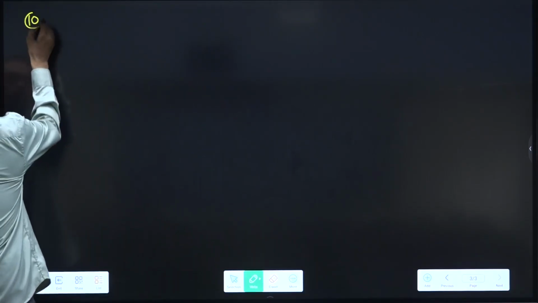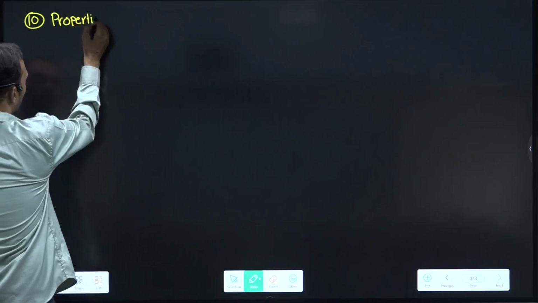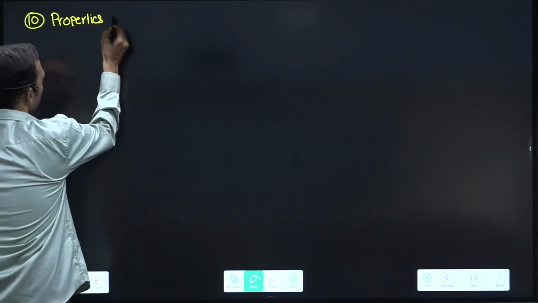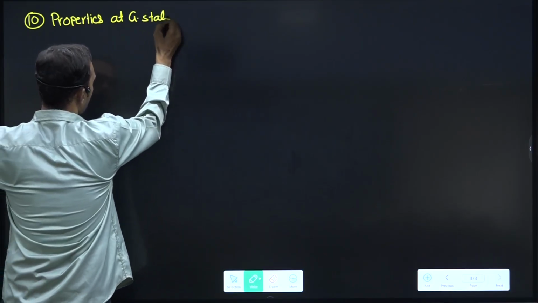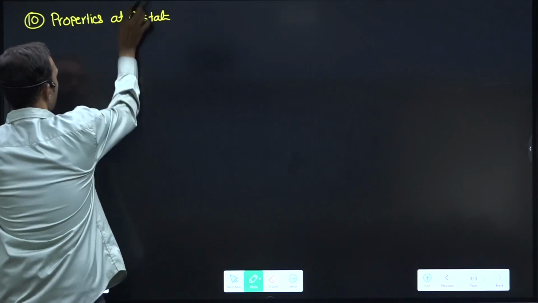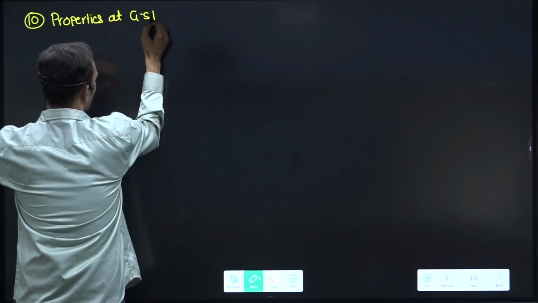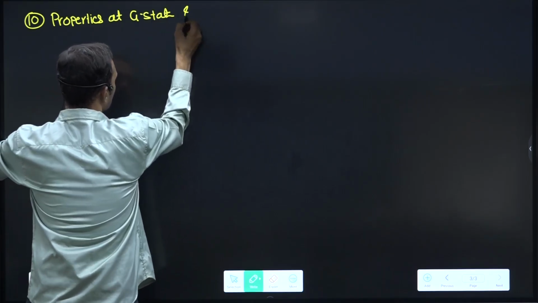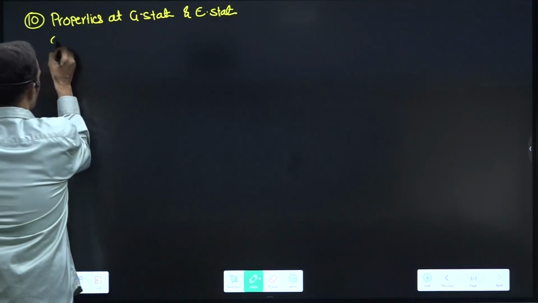So next one, properties at ground state and excited state of a molecule.